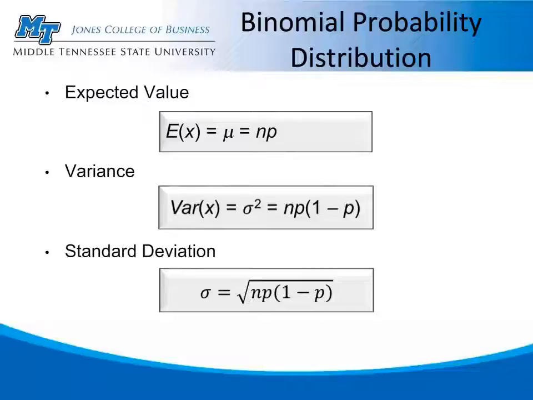Then all of those have to be multiplied element-wise against the probability values. And then you have to sum up all those products. But if you know it's binomial, all you have to do is take n times p times 1 minus p, and you've got the variance. And all you have to do to get the standard deviation is just take the square root of the variance.